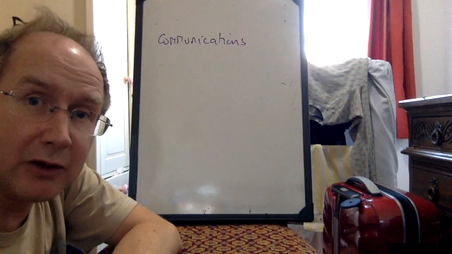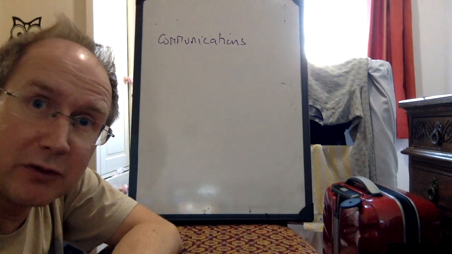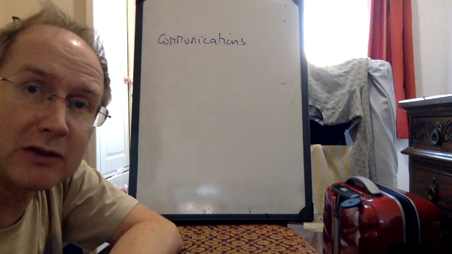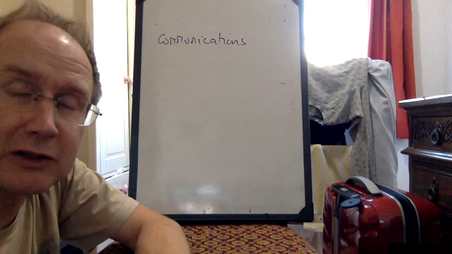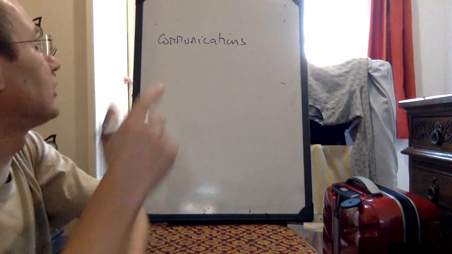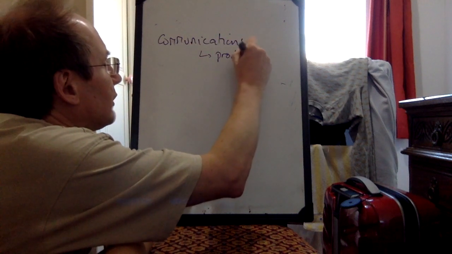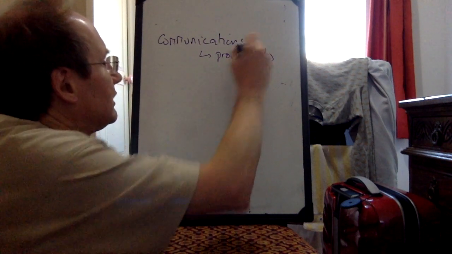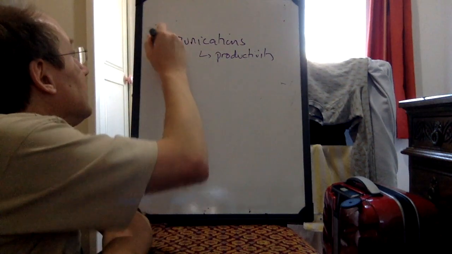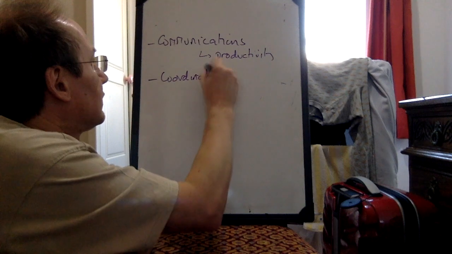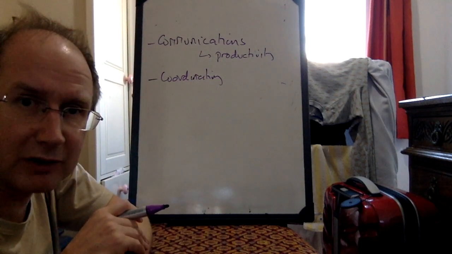Other problems are that you have to rely more on written forms of communication rather than face to face, and therefore messages get lost, or lost in translation at least. If communications are poor, productivity may get hit. There may be problems with coordinating the business, trying to get its resources in the right place at the right time.